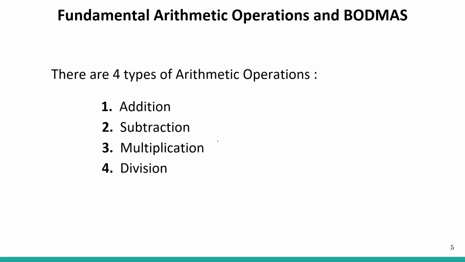So there are basically four types of arithmetic operations. The first is addition, that is 3 plus 2, or x plus y if they are unknowns. The second type is subtraction: 3 minus 2, or x minus y when these are unknowns, while the first is an example involving constants.